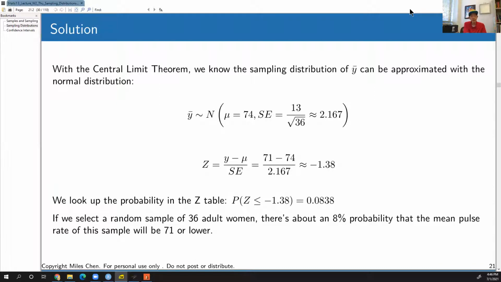If we take a random sample of 36 adult women, there's around an 8% probability that the mean pulse rate of this particular sample will be 71 or lower. The key here is just remembering that the standard error is going to be sigma divided by the square root of n.